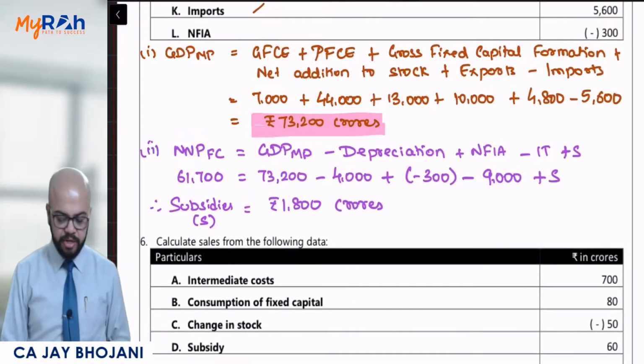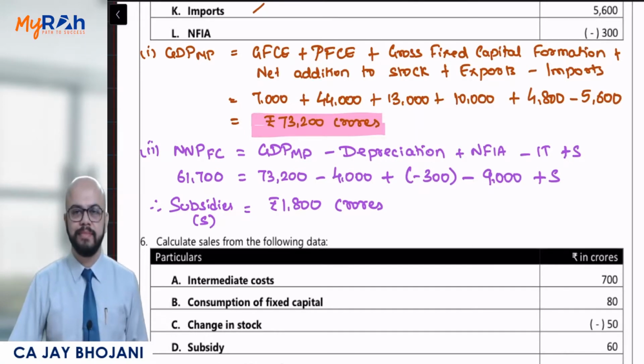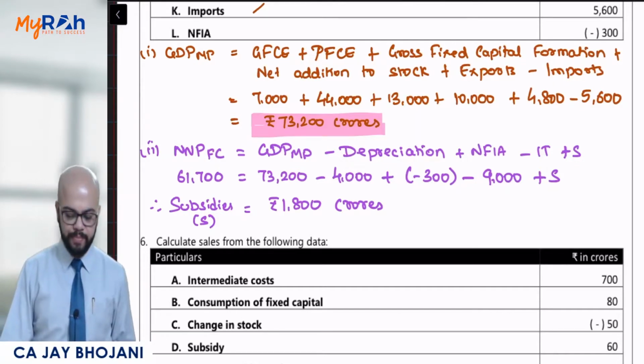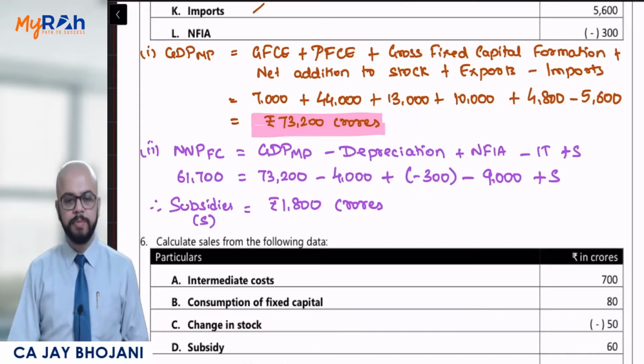Okay, 1,800 crores. That is your answer. Okay, now I think you must be pretty comfortable with the numericals, right? Okay, so copy this down and then we move to the next numerical.